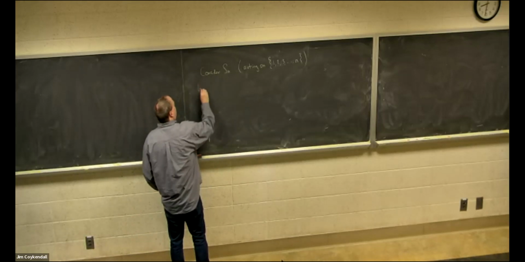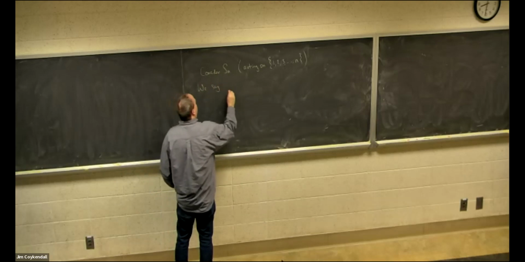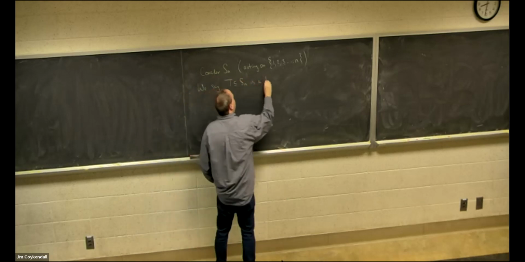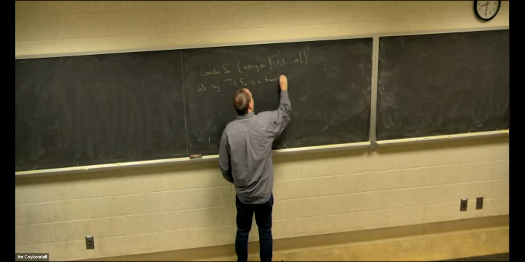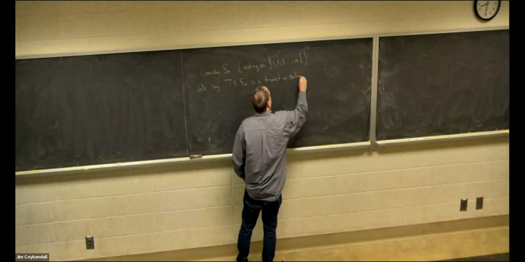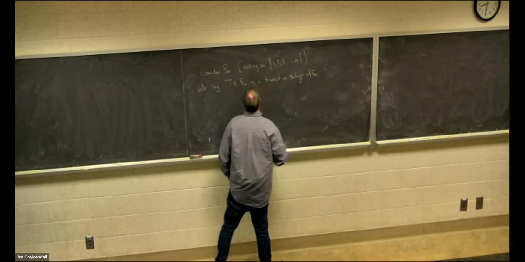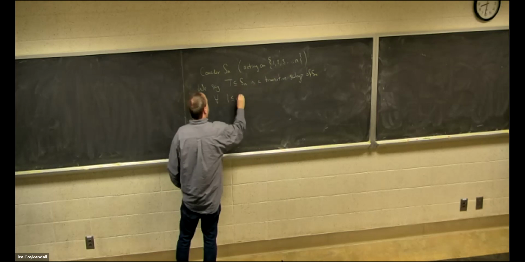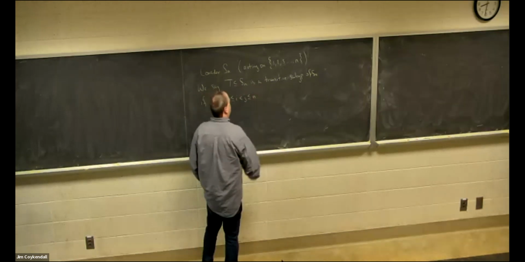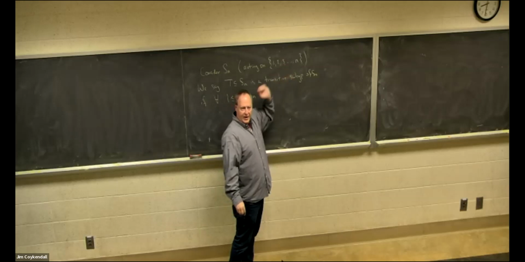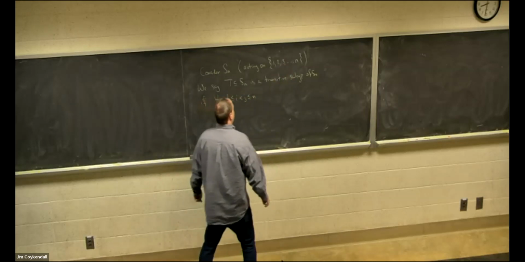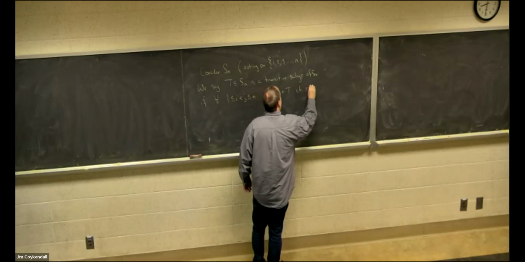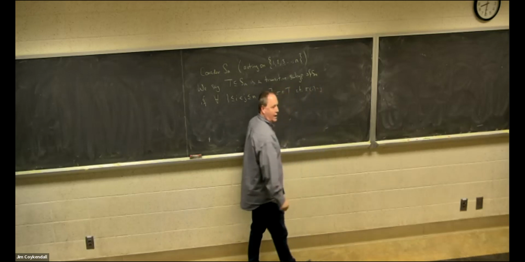So we say, let's say T in Sn is a transitive subgroup of Sn if for every i and j between 1 and n, there exists sigma in T such that sigma of i equals j.